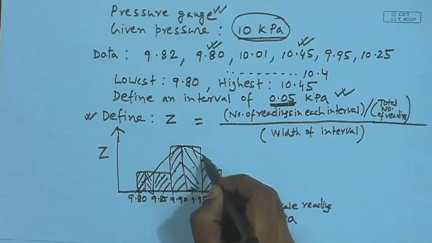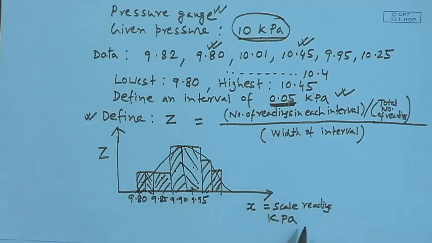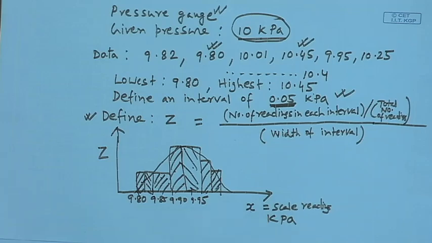So all we are saying is, if we increase the number of readings to a large value, if we repeat these experiments an infinite number of times, we can make the intervals extremely small, and even then we can expect that some readings will fall in each interval.